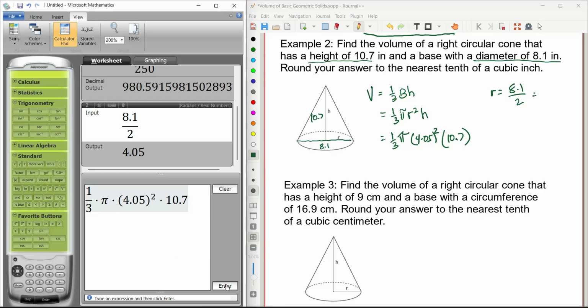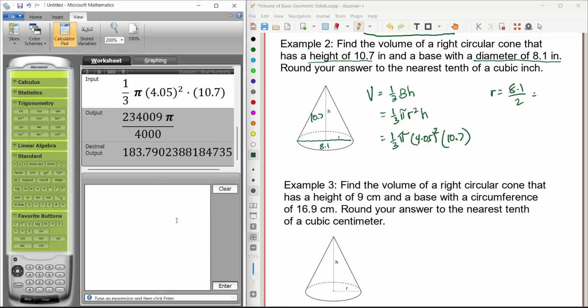There you go. And the answer is, okay, so here again, we need to round off our answer to the nearest tenth of a cubic inch. So our answer is approximately 183.8 cubic inches.